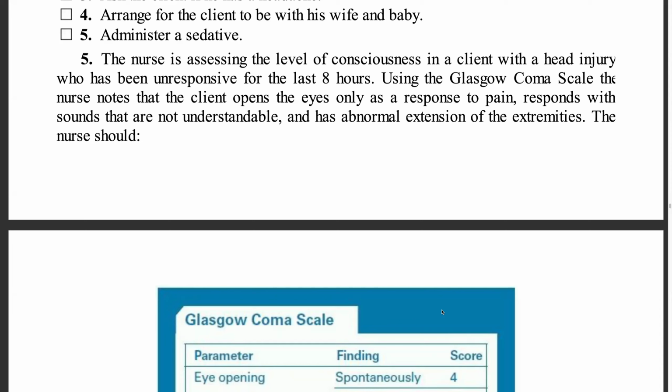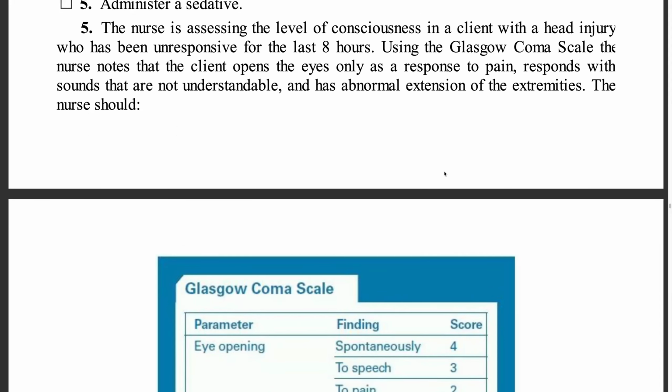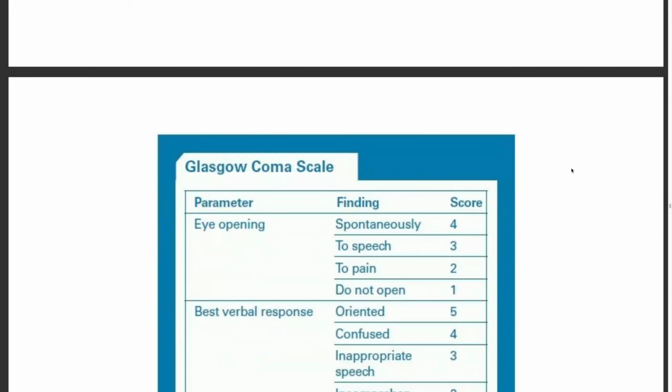The nurse should, so I'm going to read each category out and you tell me what score would you give them. Okay, so for eye opening, they only open their eyes as a response to pain. So what score would you give the patient for eye opening?